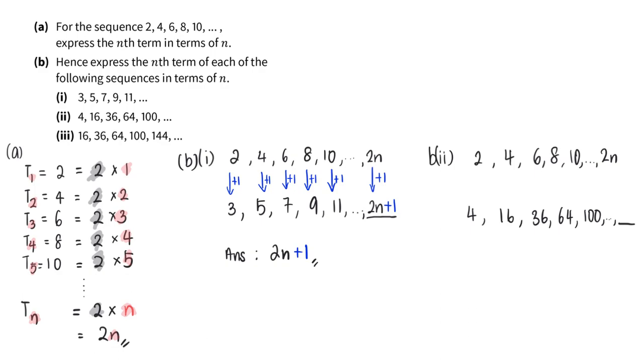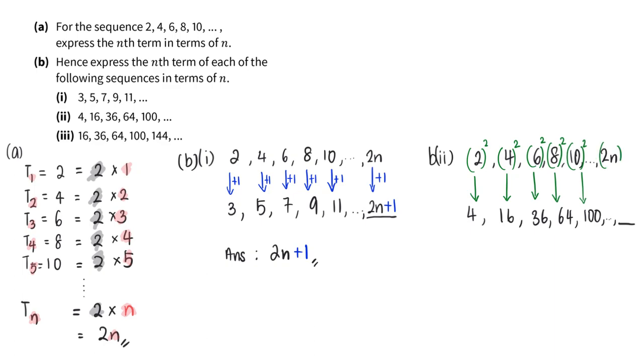Now, interestingly, there is a special pattern that involves the 2 sets of numbers. I hope you can see that when we square this number, we get 4. When we square this number, we get 16. When we square the number 6, meaning 6 times 6, 36. 8 times 8, 64. 10 times 10, 100.